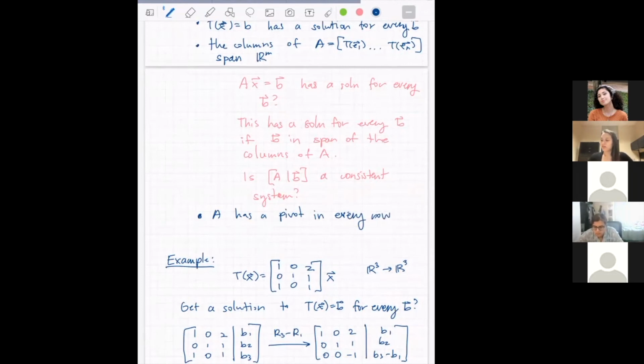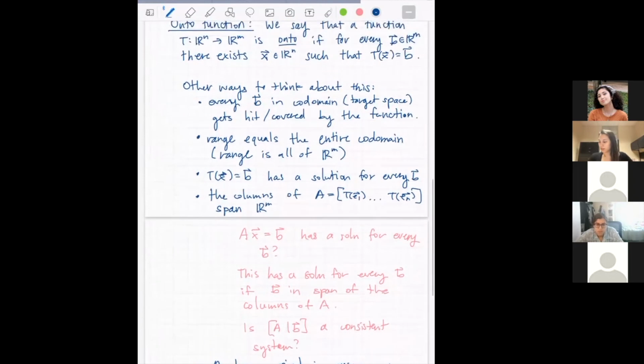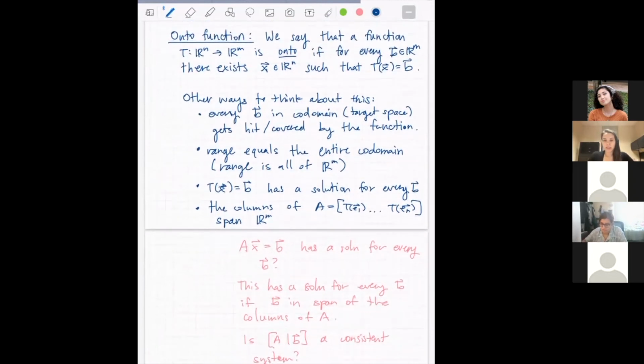Okay. And if we look at the ways to think about this being an onto function, it's not the most intuitive way of thinking about it, right? But it is the most computationally useful.